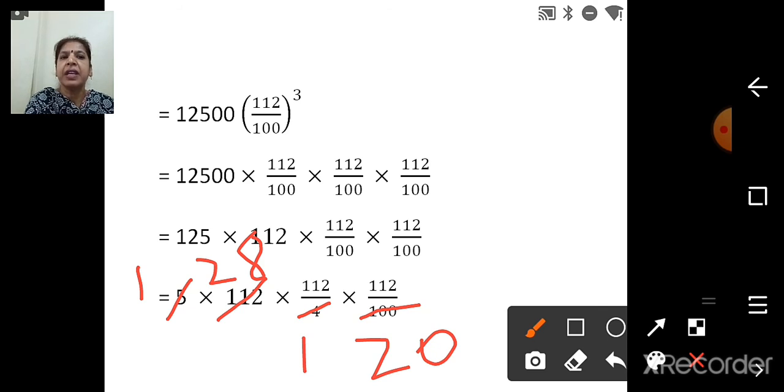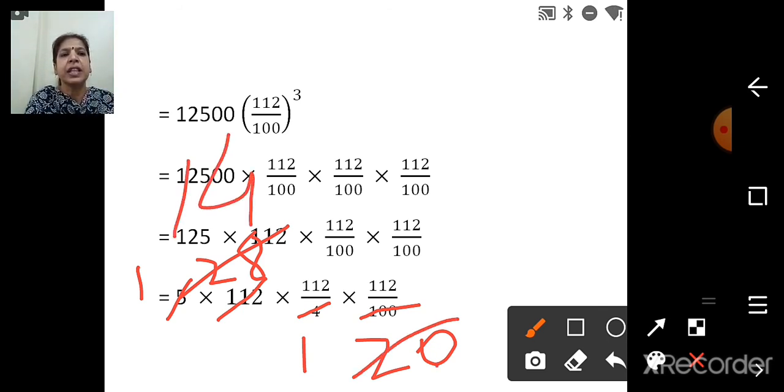Further we can divide it by 2. So why are we dividing it by 2, children? So that the number which we get in the denominator will be a multiple of 10. Otherwise, if you go with 4, then in the denominator we will get 5, and dividing with 5 will take time, so we avoid that. So we will divide now with 2. 2 14s are 28 and 2 10s are 20, right?